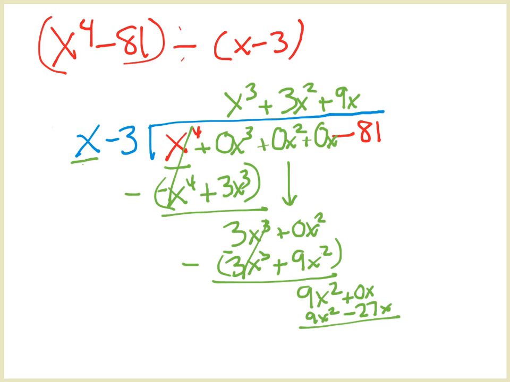So what I'm left with is negative 27x, and now I bring down my final term, minus 81.